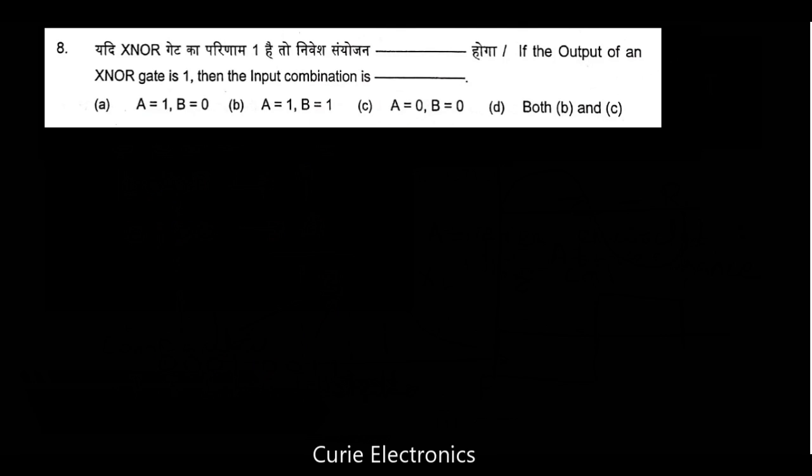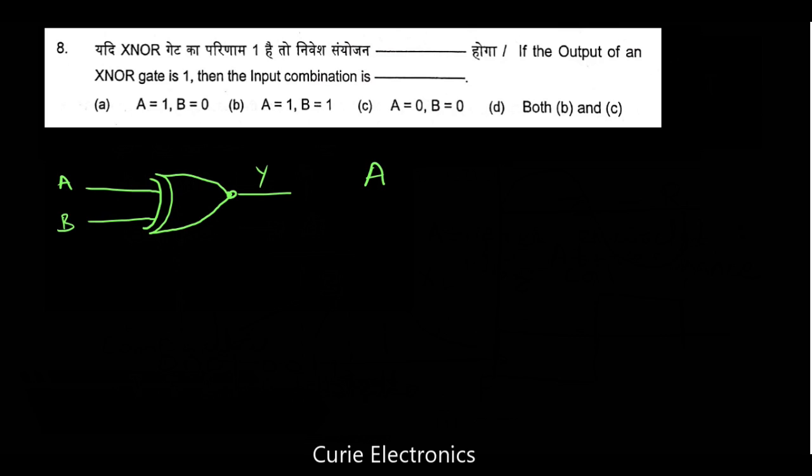Question number 8. If the output of an XNOR gate is 1, then the input combination is. So just draw the XNOR gate. This is the XNOR gate. A and B are the inputs. Y is the output.